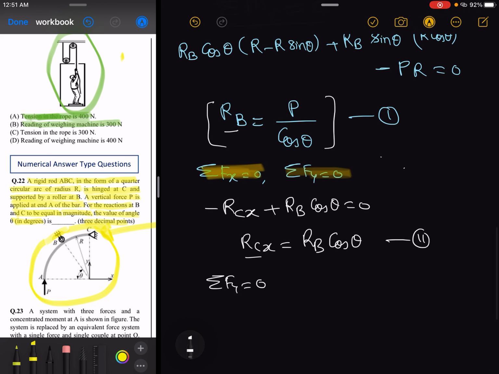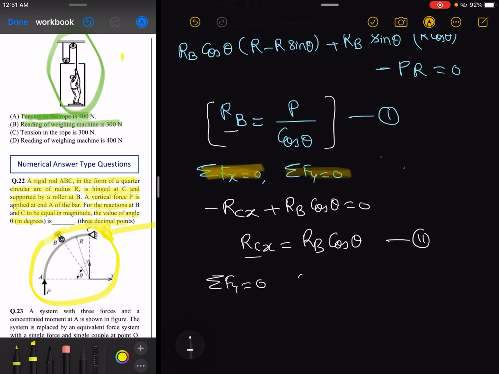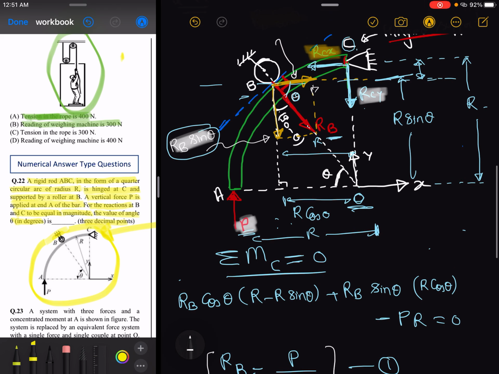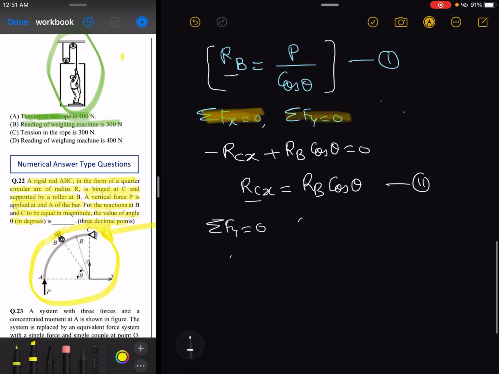So net force along the y direction we are going to consider. P is in the upward direction, RCY in the downward direction, and RB sin theta in the downward direction. So we have P minus RB sin theta minus RCY, and this should be equal to 0.